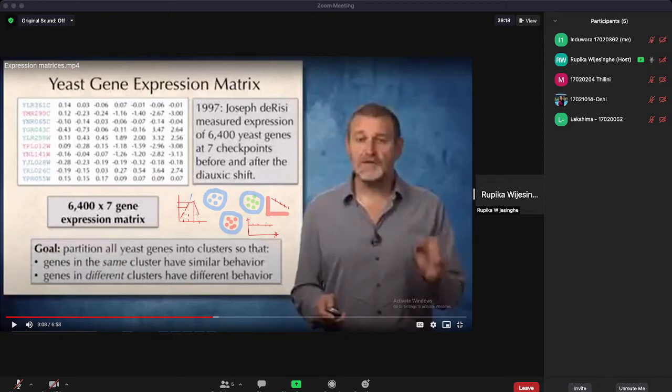That means its mRNA production level will drop drastically at the next hour. Likewise, we can identify sets of genes that are behaving in a similar manner, or clusters of genes.